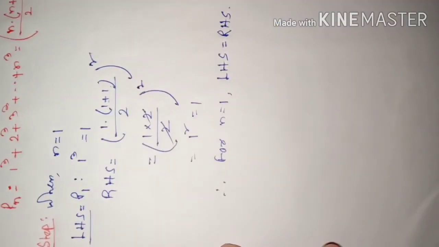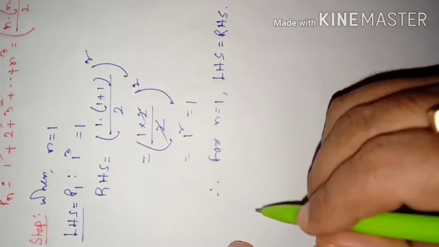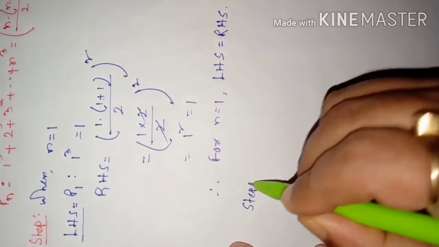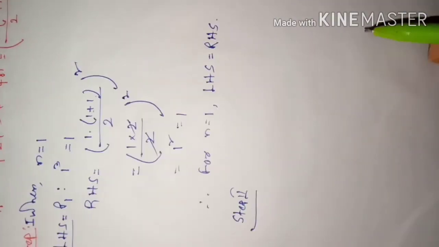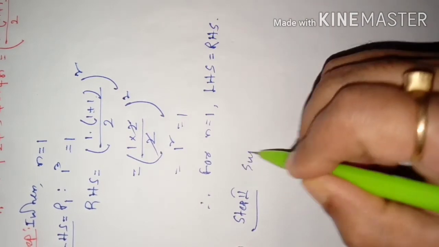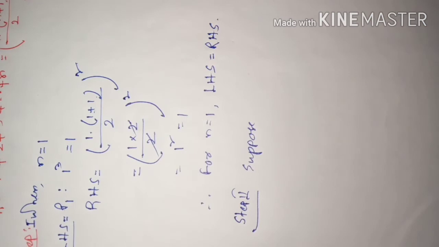Second step is what? You need to suppose, step number 2. This was step number 1. So step number 2 now. Suppose, you have to suppose that it is true for n equal to k also.